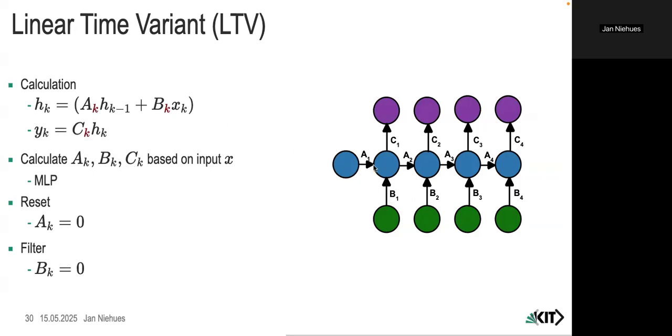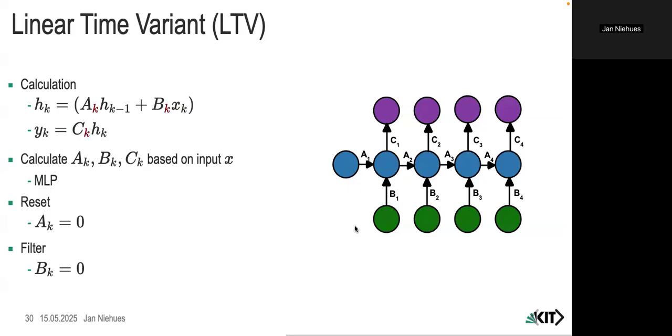And these A, B, and C, we will calculate based on our X. So based on our input, we will decide whether we want to take this input, whether we want to take the history, or reset. We can do that, for example, in some type of network again, and we can reset everything by just having a model which generates an A_k which is 0.